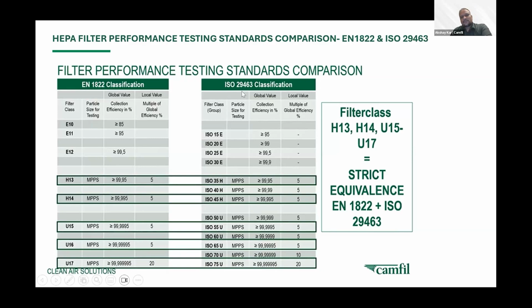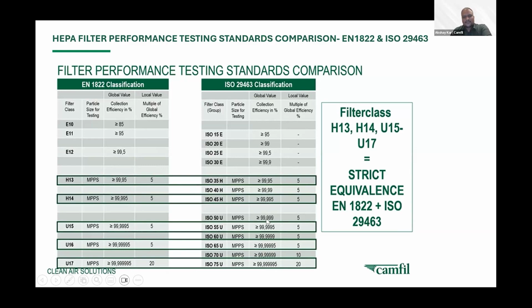Similarly, ISO 29463 has helped to maintain another grade in between H13 and H14, which is ISO 40H. Now you have another grade. Earlier we had only two efficiencies available, 99.95 and then 99.995, H13 and H14. Now we have ISO 40H, which talks about 99.99 as well.